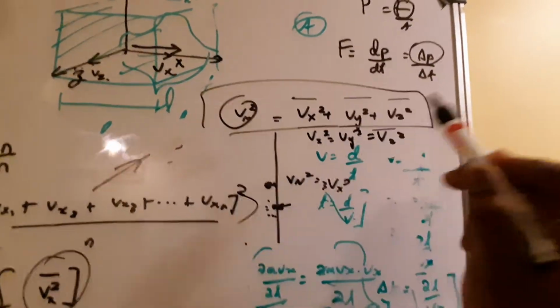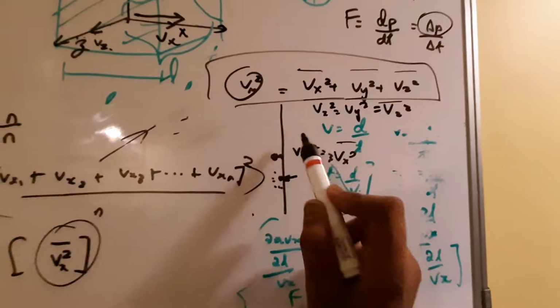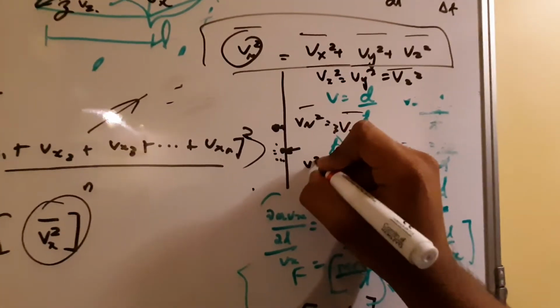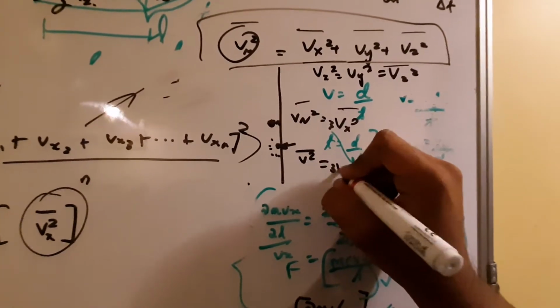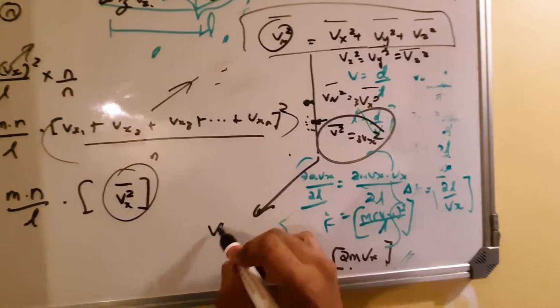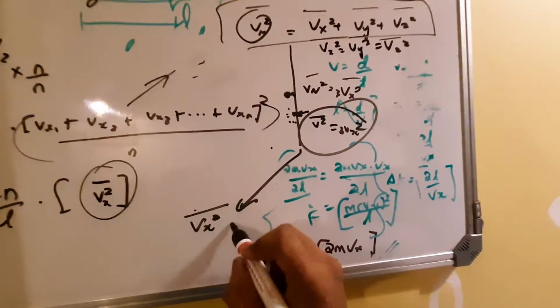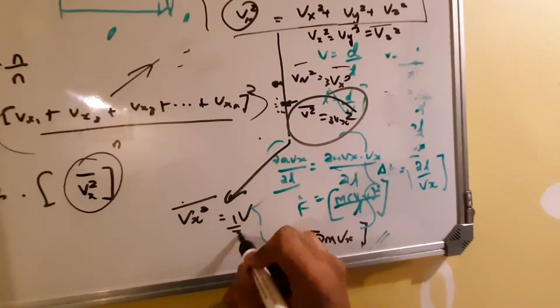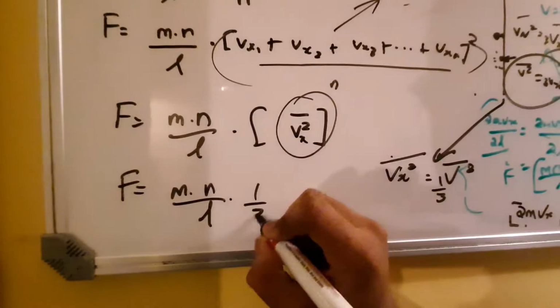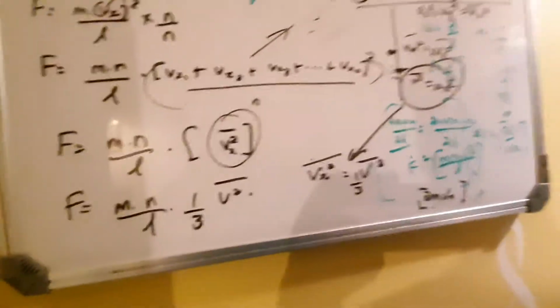So if you consider this as well, my resultant Vn square will be 3Vx squared. From this, I will move to the part where I write Vx square bar to be equal to 1 by 3 V square bar, which I shall now write: force is equal to m into n divided by L, the whole into 1 by 3 into V square bar.